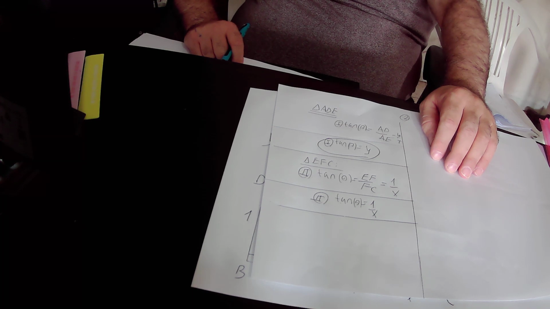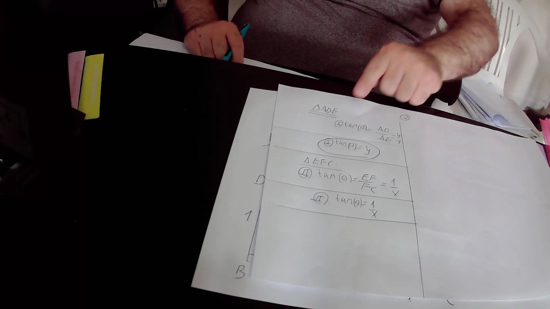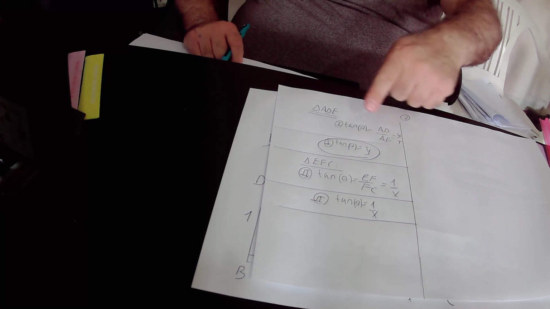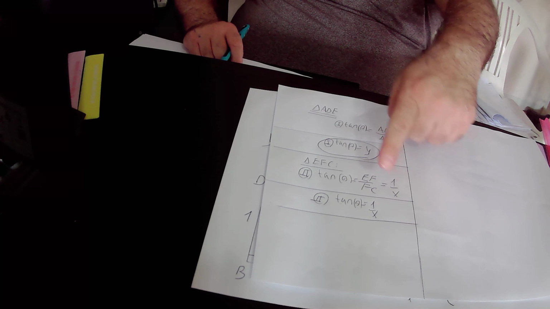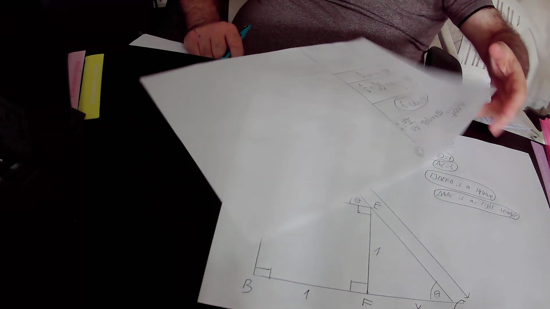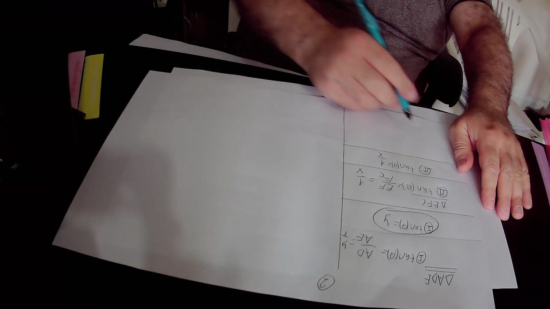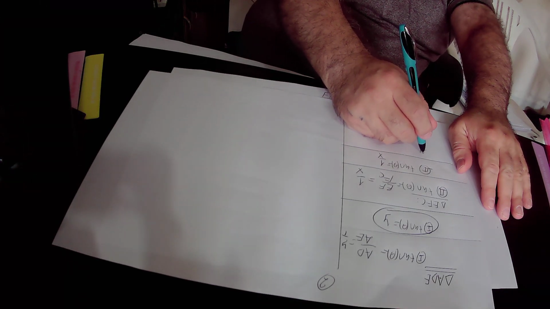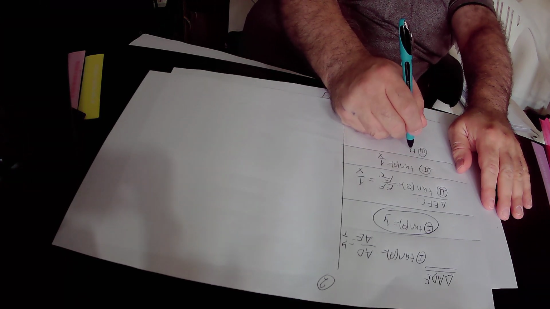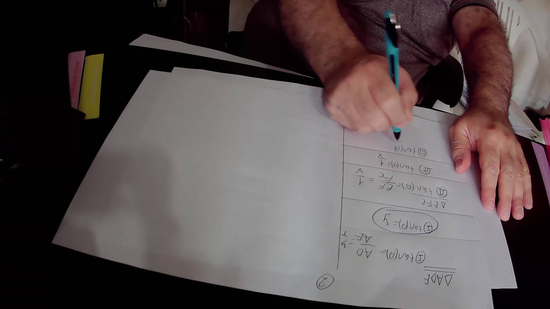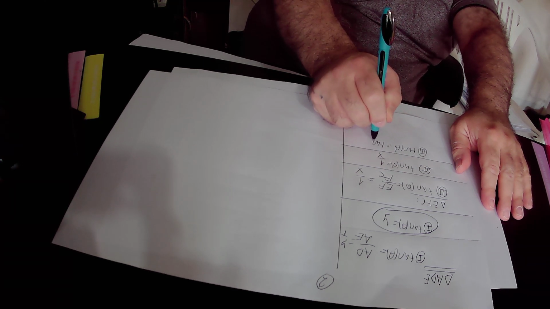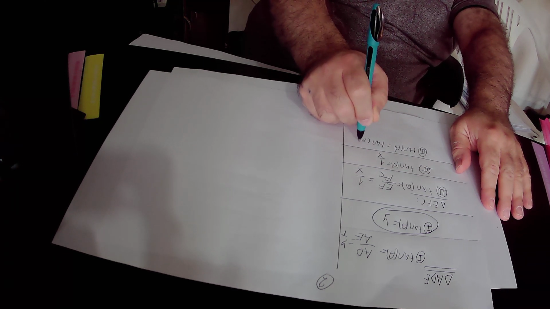We create the third equation that states that tangent theta according to equation number 1 must be equal to tangent theta according to equation number 2.